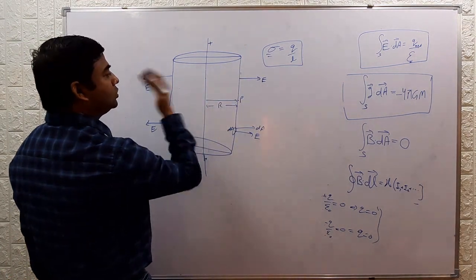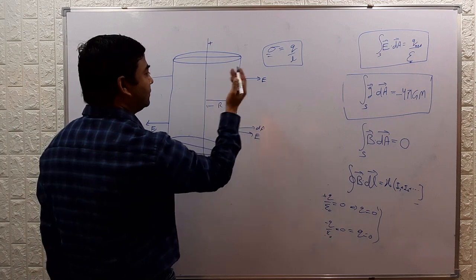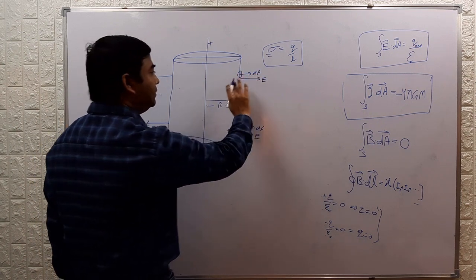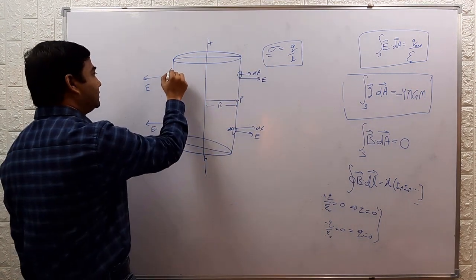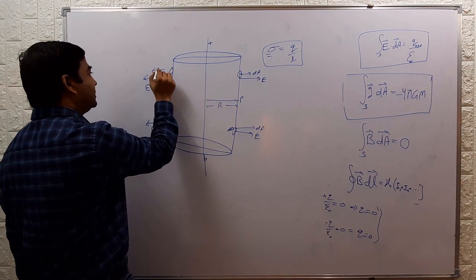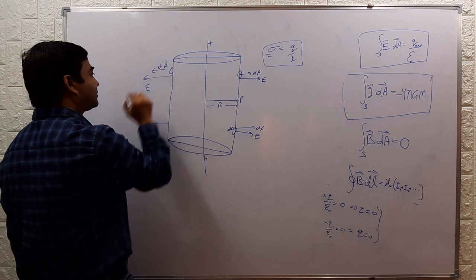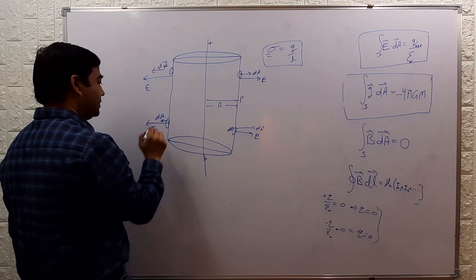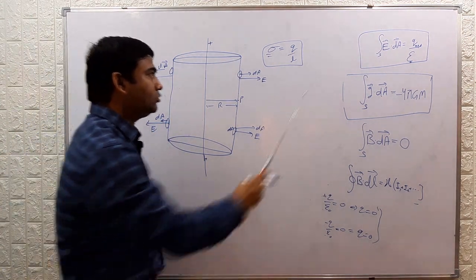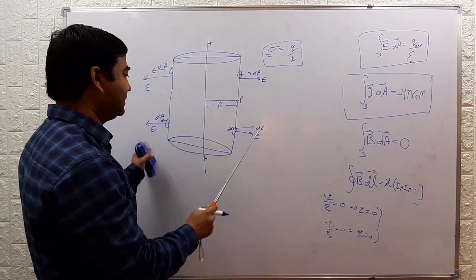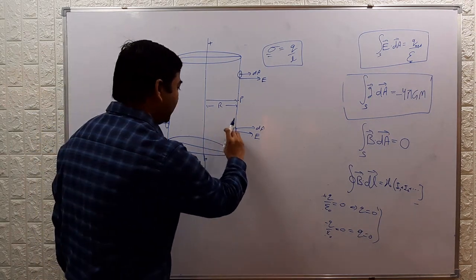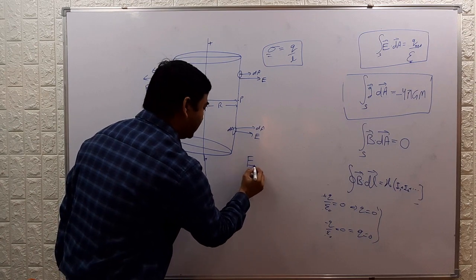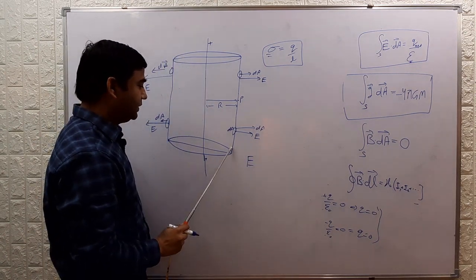Throughout this closed cylindrical surface, all small dA elements will be parallel to the electric field. Here the field is toward this side, and the dA vector will also be toward this side. So we want to simplify this dot product. Everywhere in the curved region, E has the same value by symmetry.